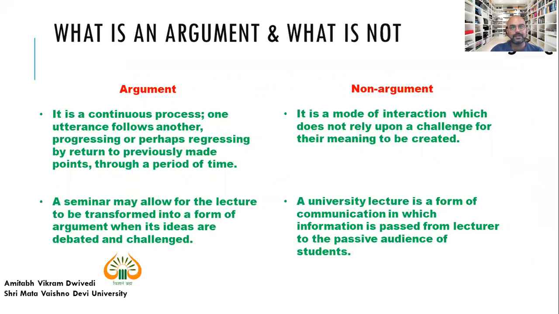So, as I said, like in an interaction, there are various utterances, and those utterances are in a circular process. So you do not know which one starts first, which one initiates the discourse, and which utterance will end the discourse. It is a wheel. It is a continuous process that we have.